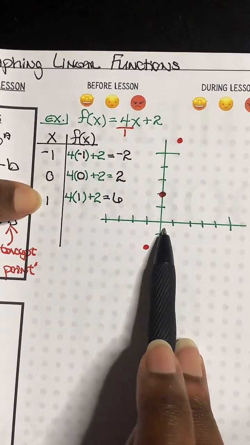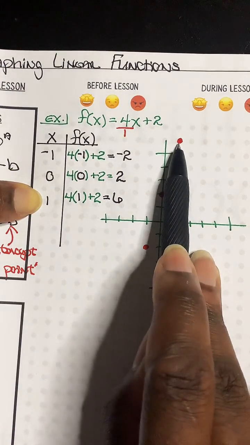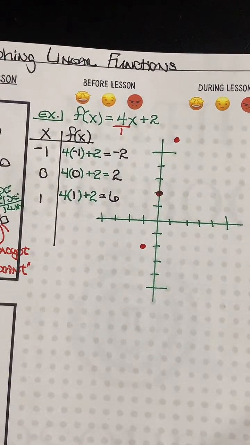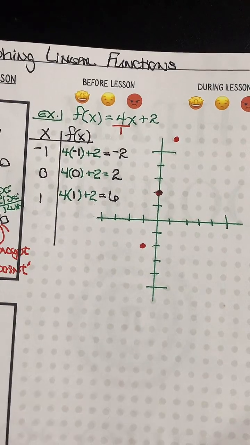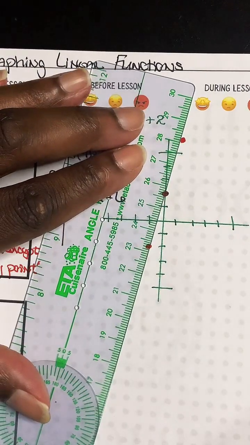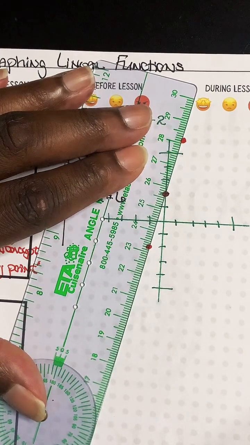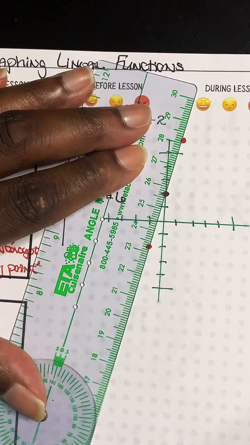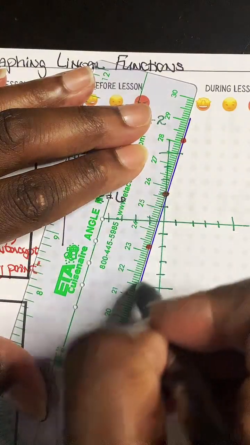And then if I want to go 1, 6, I go to the right one and I go up 6. Boom, there's that point. So this hopefully is helping you to see that you can either create a table of values or you can just plot your y-intercept and then use your slope to plot your points.